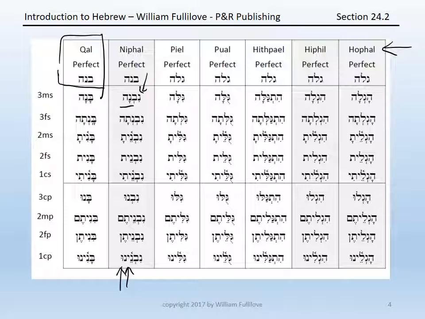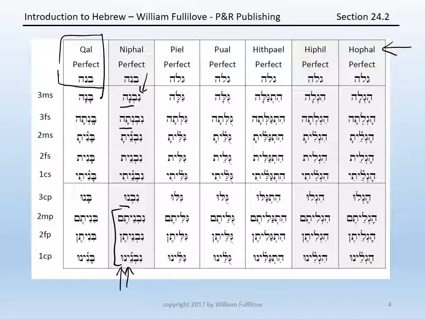It's replaced by the mater in the third masculine singular. It becomes a tav and then is marked by the mater in the third feminine singular. It becomes a hireq yod in the second and first person forms, disappears in the third common plural, and becomes a hireq yod again in the second and first person forms.